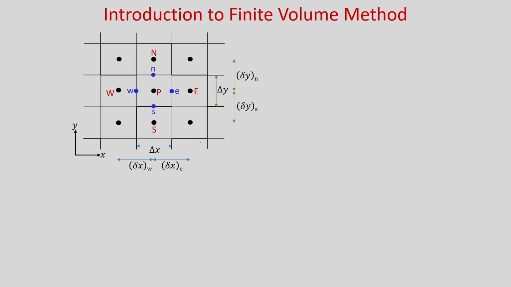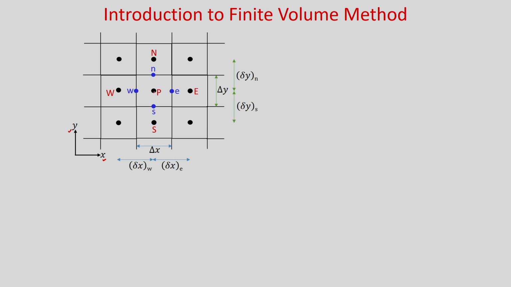So, to start with, first let us discuss the terminology used in finite volume method. First, we will consider the grid in a 2-dimensional domain, then in 3-dimensional domain. So, you can see this is just a grid in 2 dimensions, this is the x direction and this is your y direction. You can see these are orthogonal grid.